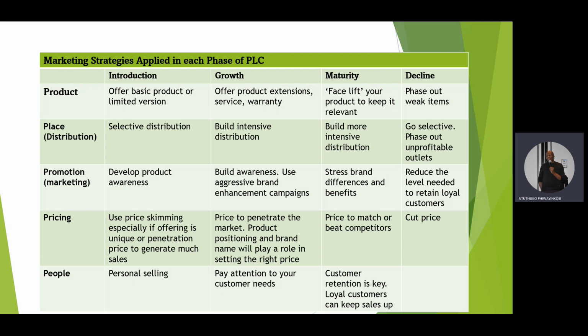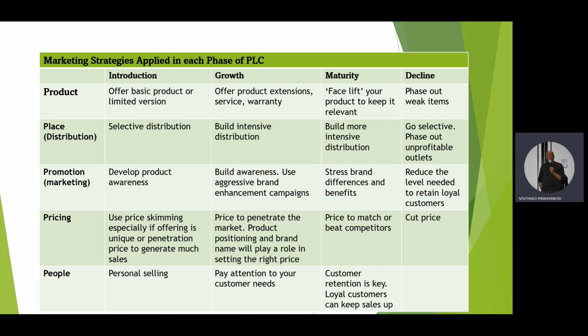And then the fifth P is people. Under introduction, you are personal selling. You haven't yet distributed your product to different outlets. Here, under introduction, when we talk about people, the fifth element of marketing strategy is personal selling.